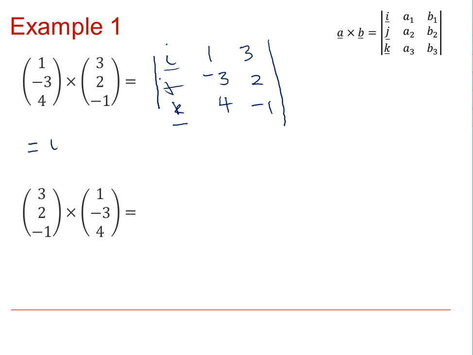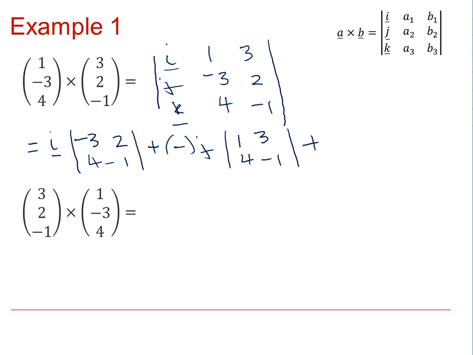This would give us i times the determinant of the 2x2 matrix (minus 3, 2; 4, minus 1), minus j times the determinant of the 2x2 matrix (1, 3; 4, minus 1), plus k times the determinant of the 2x2 matrix (1, 3; minus 3, 2).